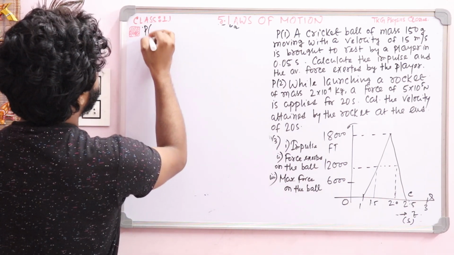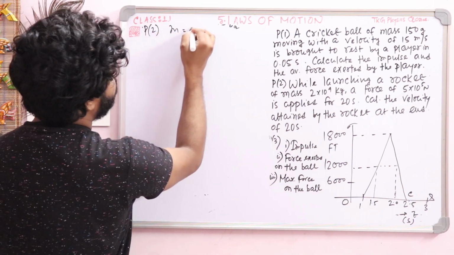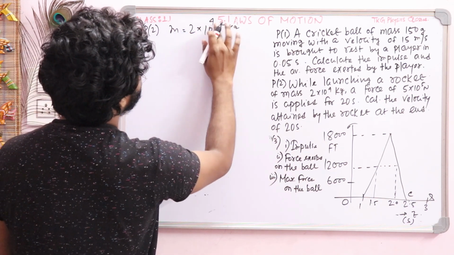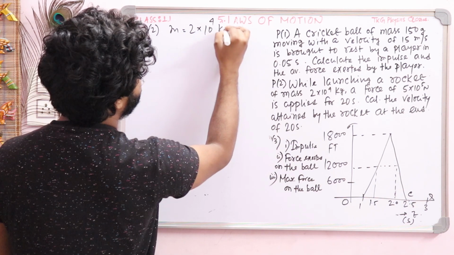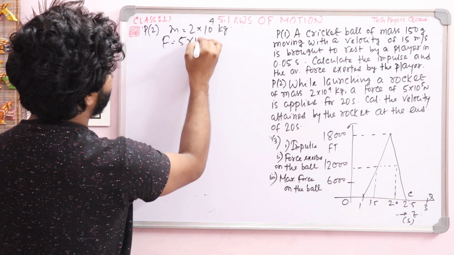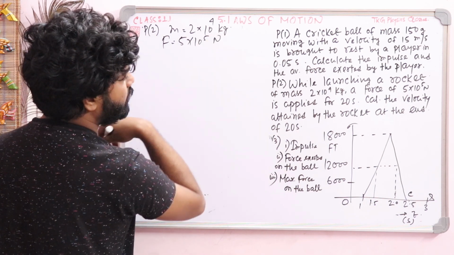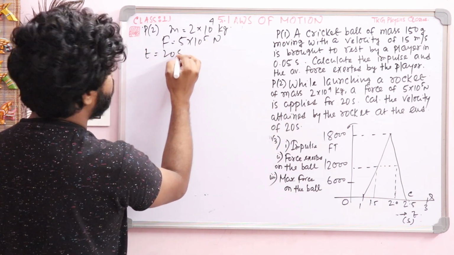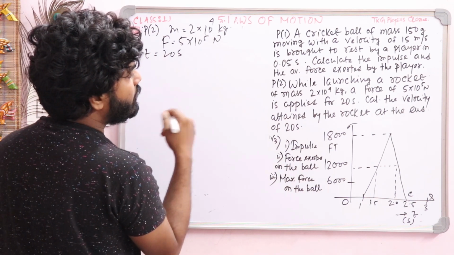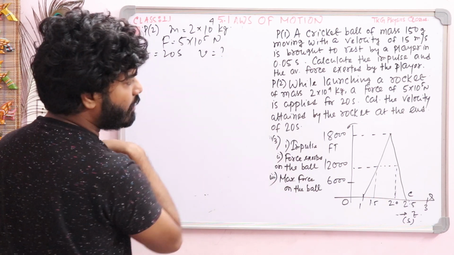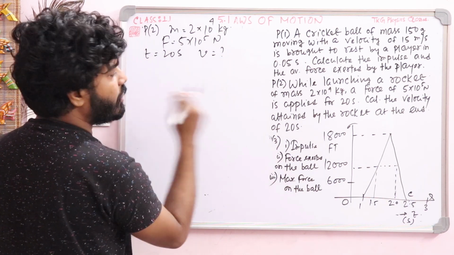Mass is given, that is 2 into 10 to the power 4 kg. Force F is given, that is 5 into 10 to the power 5 Newton, applied for 20 seconds. Time is given. Calculate the velocity attained by the rocket. That means you have to calculate the final velocity at the end of t equal to 20 seconds.